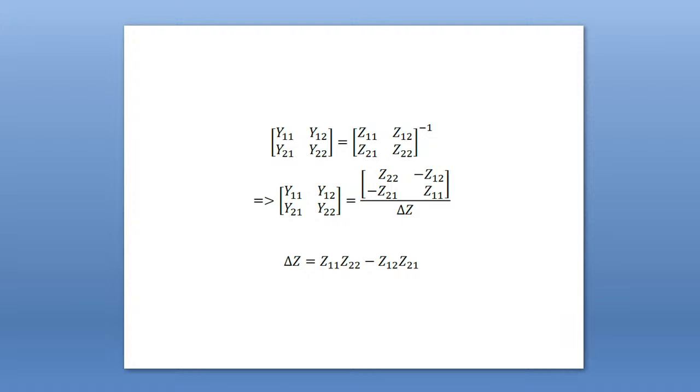And you know that a symmetrical network must satisfy the condition Z11 equal to Z22. For a symmetrical network, input port impedance equals output port impedance, Z11 equal to Z22.